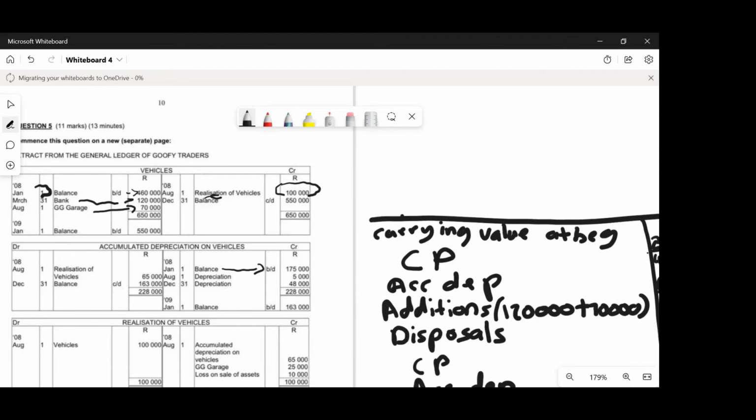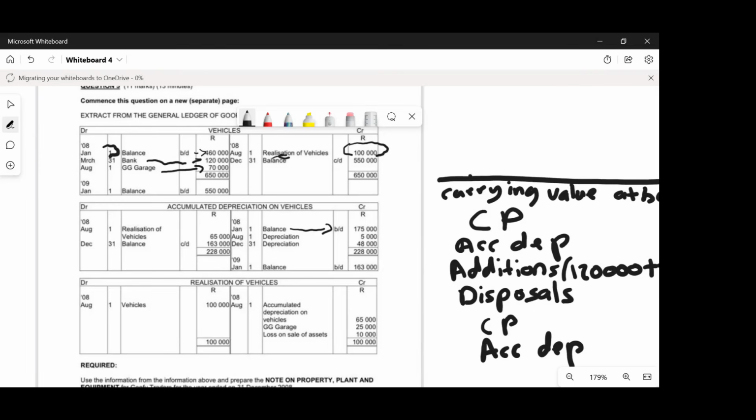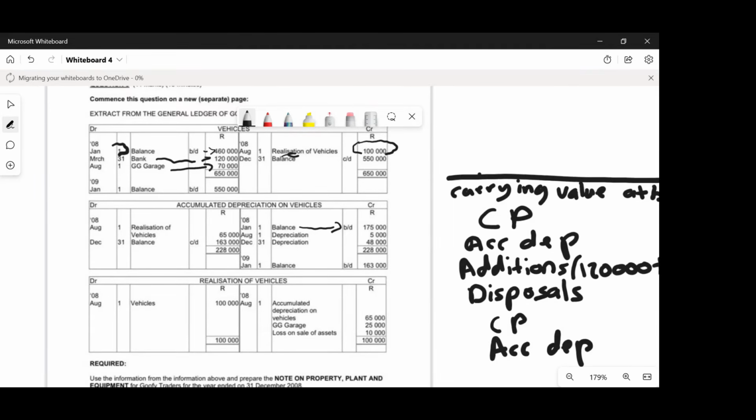Because now, for example, we know that on step number 2, we say we need to check when the asset was bought and when it was sold. Was the depreciation calculated up to date of sale? If not, you calculate. And then we say you need to credit asset realization and debit accumulated depreciation, so if you go to your debit side of accumulated depreciation, there you go.